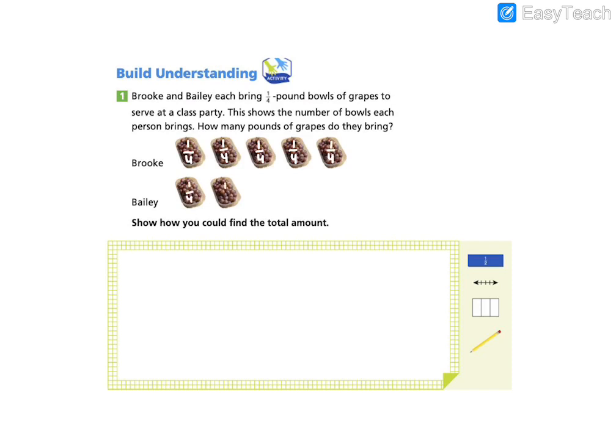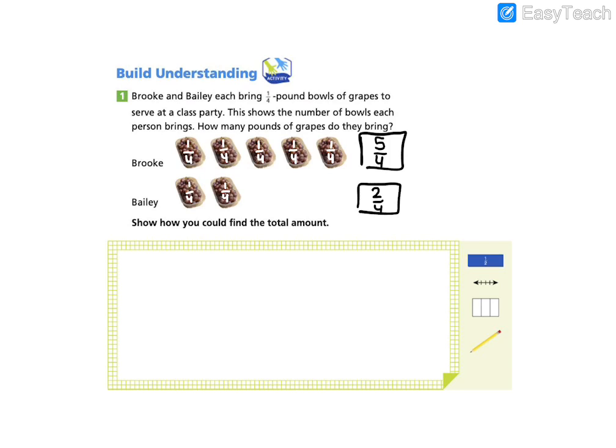go ahead and label next to Brooke how many total fourths of a pound does she bring and how many total does Bailey bring. All right, Brooke brings 5/4 pounds of grapes and Bailey brings 2/4.